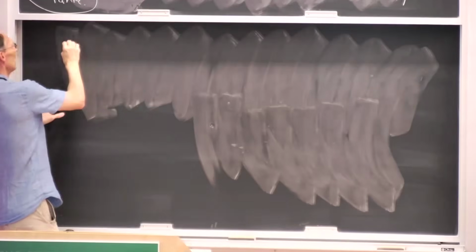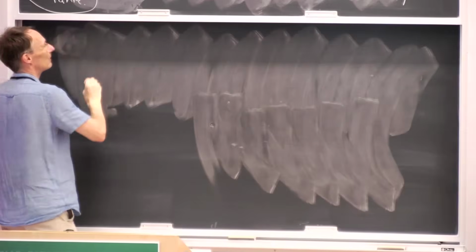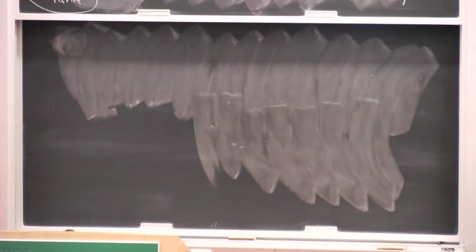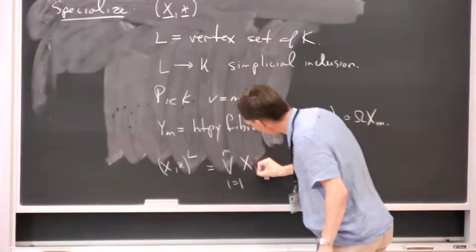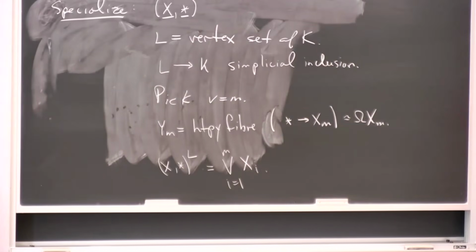So the naturality property says one more thing. For L, if we look at (X, star) for L, it is just m disjoint points, so this polyhedral product is just going to be the wedge of all of the X_i's.